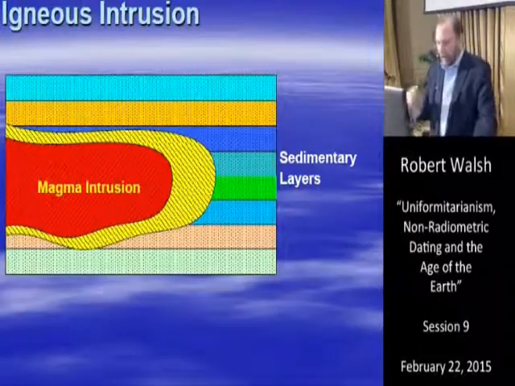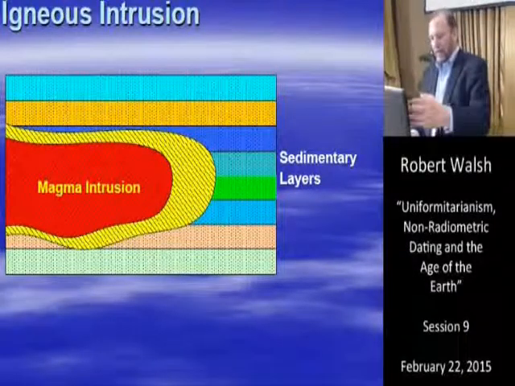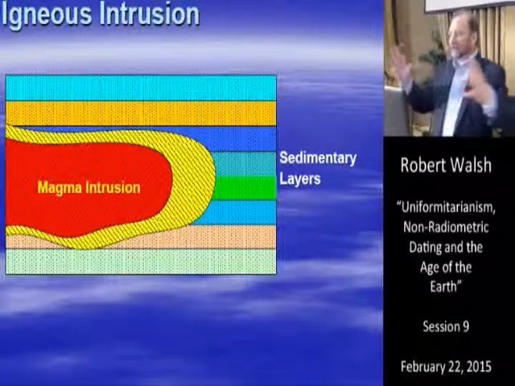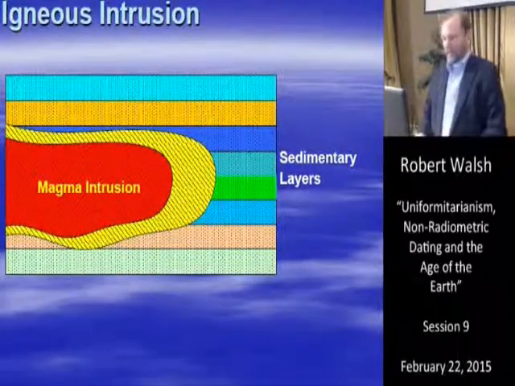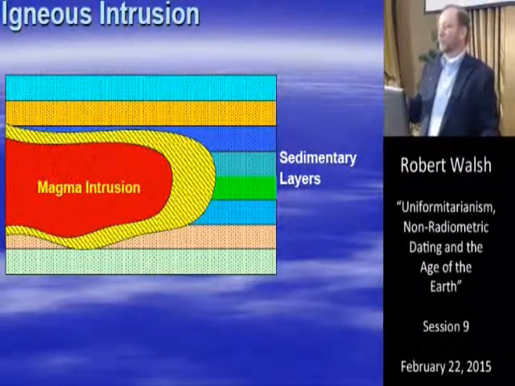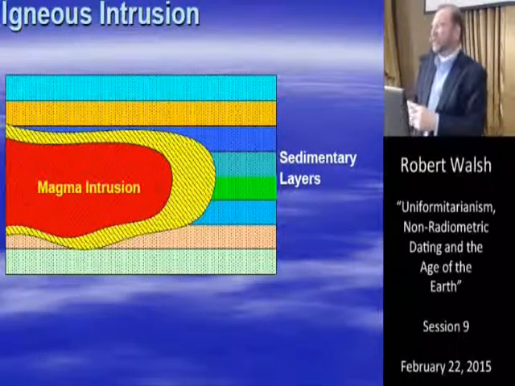What we see in the geologic record in the sedimentary layers, we'll see a magma intrusion into the sedimentary layers. And this magma is very hot. It intrudes itself into the sedimentary layers, and as it's there over time, heat dissipates from the magma to the surrounding sedimentary rocks.